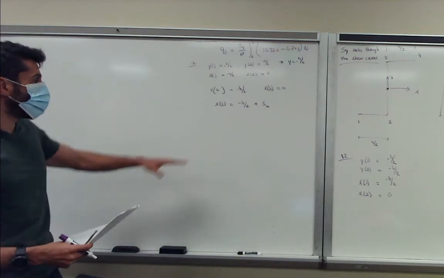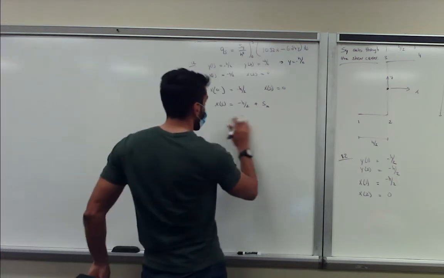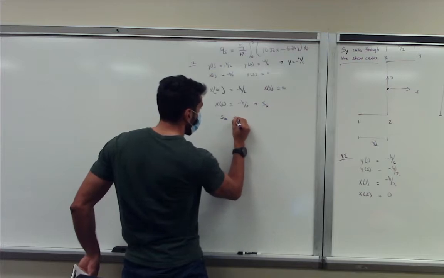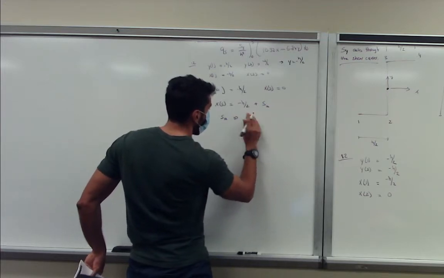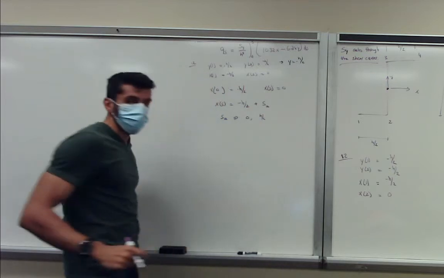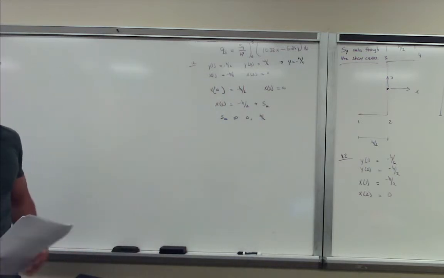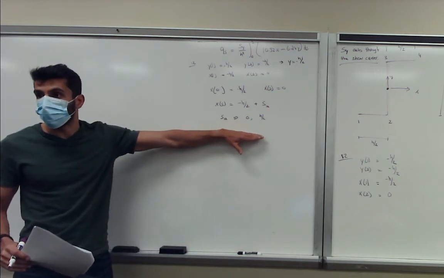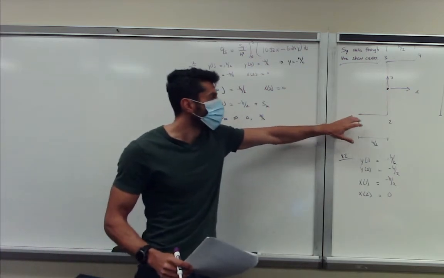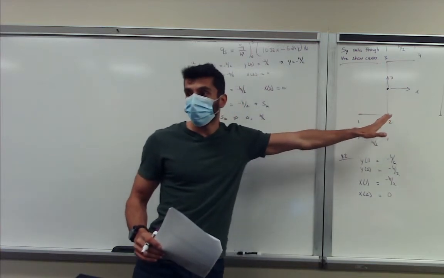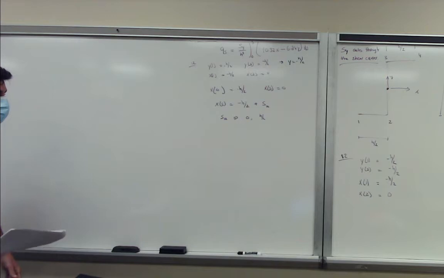Now we know that our s value as the path from segment 1, 2, so s1, 2, goes from 0 to h over 2, because this is the absolute value of how much you travel. If we go from 1 to 2, we travel h over 2. That's the distance that we cover.